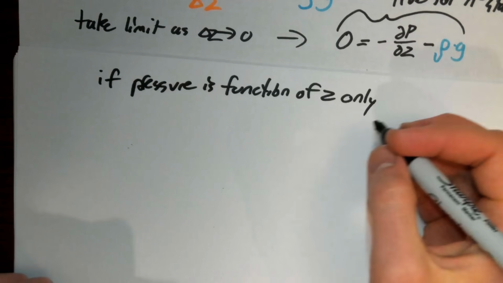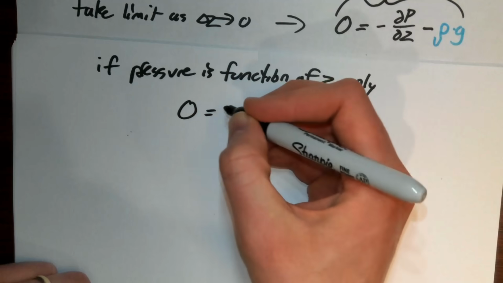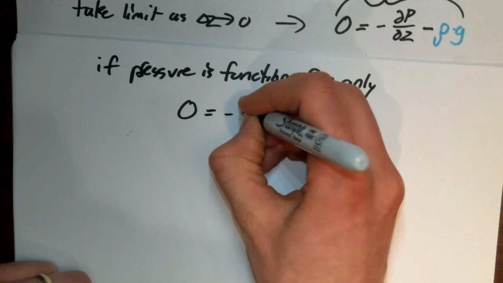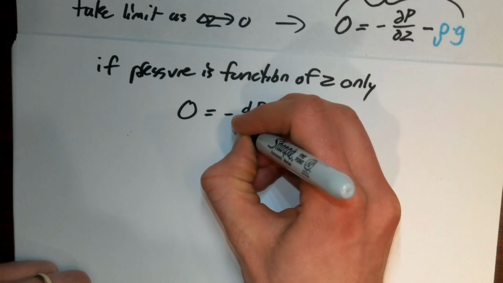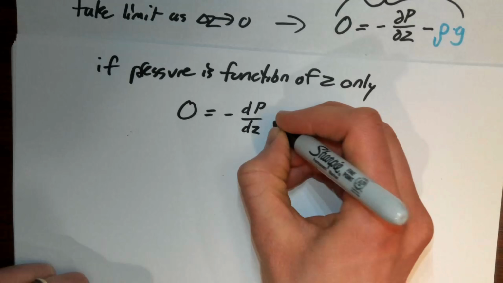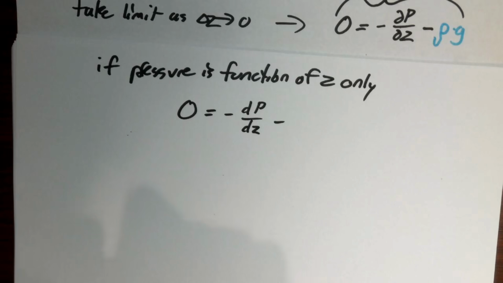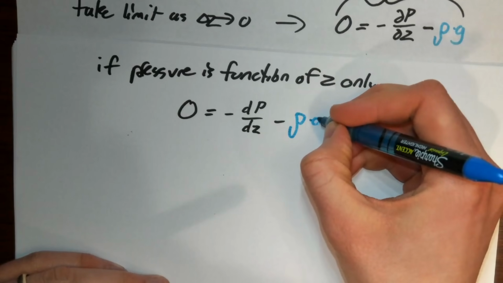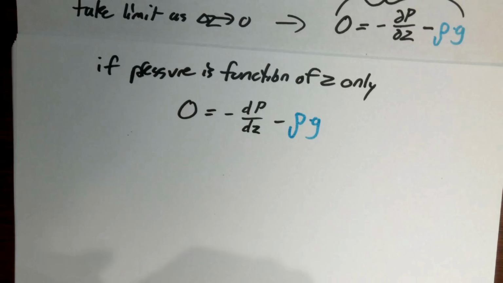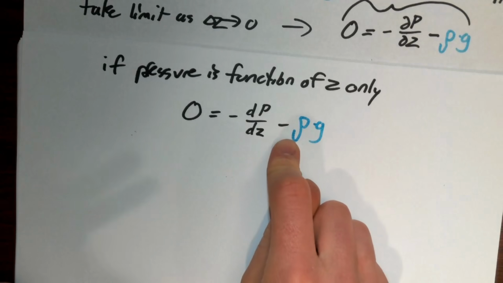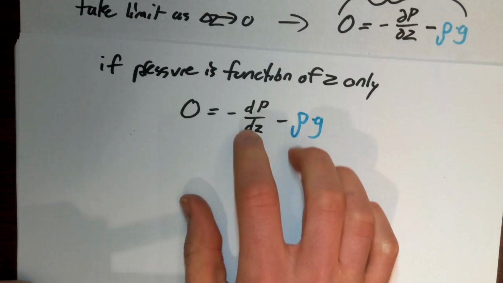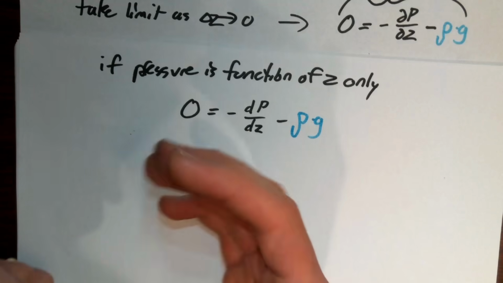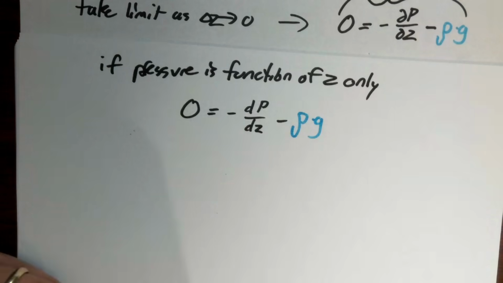So if pressure is a function of z only, strictly, these should be ordinary derivatives rather than partial derivatives. Again, we'll deal with these differences between ordinary and partial derivatives later on in the class. But there we have it. But again, you know, this differential equation is meh in terms of how useful it is.